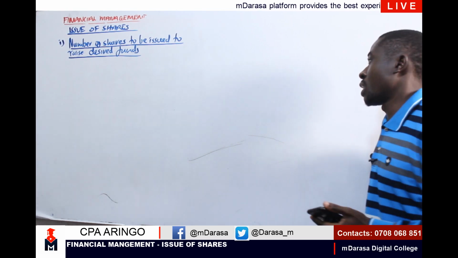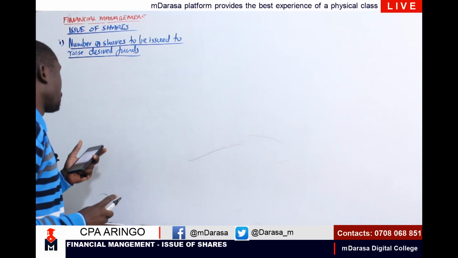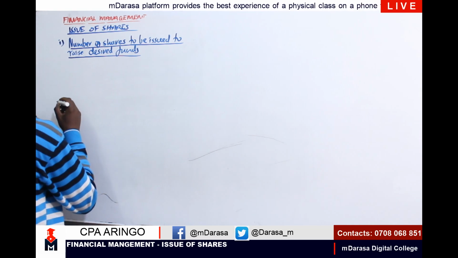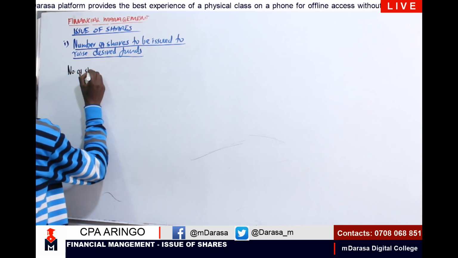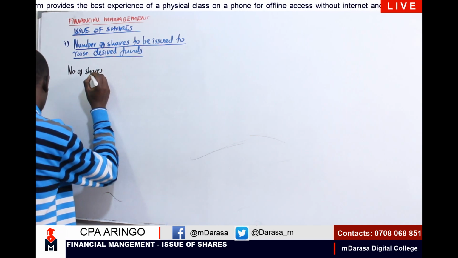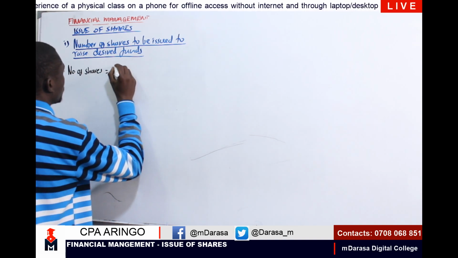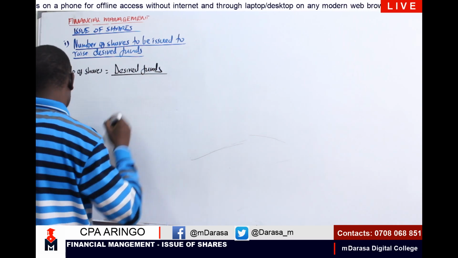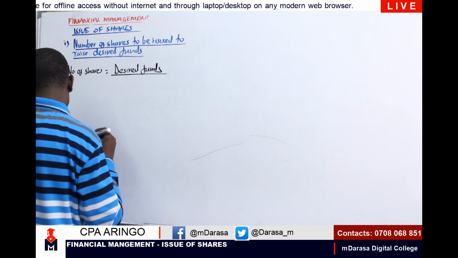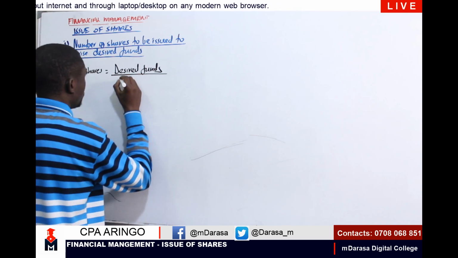Whatever we want to do is basically to determine the number of shares that we need to raise for us to raise the funds that we do require. To do that, we'll just be taking the desired funds, whatever we need to raise, and we are going to divide by the price per share.